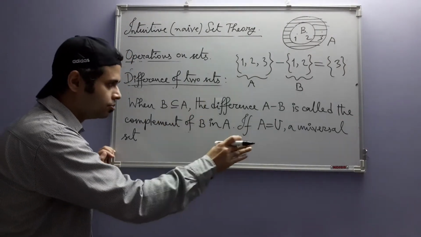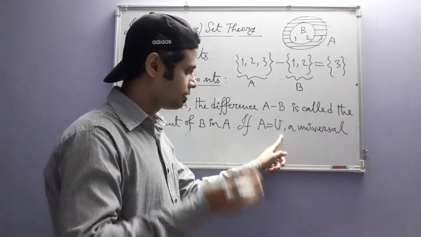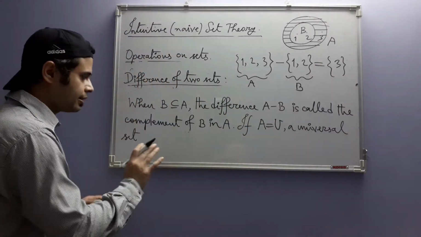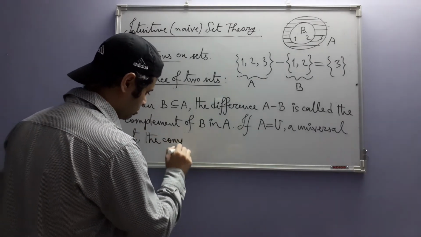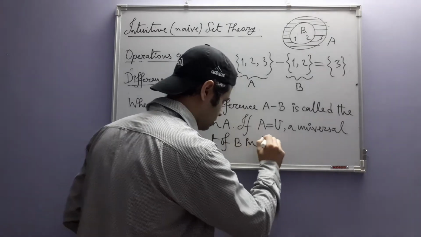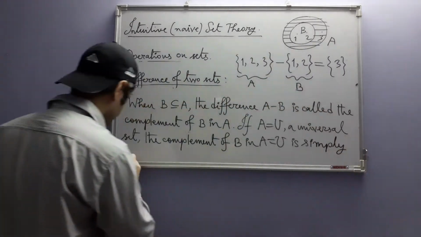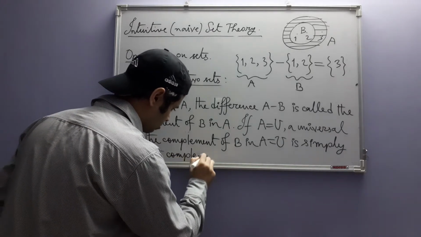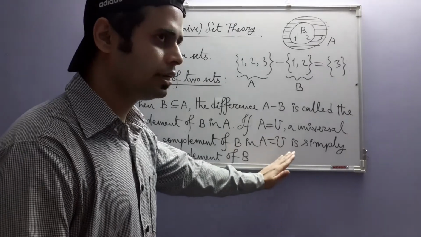So if A is U in this special case, then automatically B will be a subset of U, because then only it is the universal set; the set I am considering, B, has to be a subset of U. In that case, the complement of B in A or in U is simply called the complement of B. In U, that is understood, because U is fixed in a given discussion.